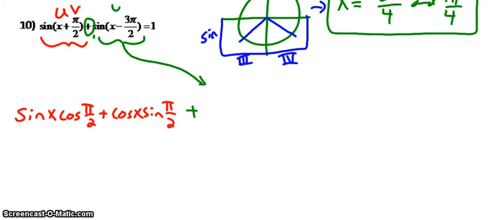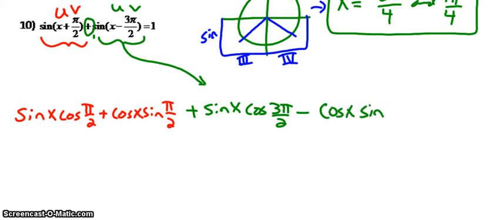This time I'll let my u be x and my v be 3 pi over 2. So I have sine of x times cosine of 3 pi over 2. Subtract this time, we're subtracting. So we'll have sine x, this time subtracting cosine x and sine of 3 pi over 2.